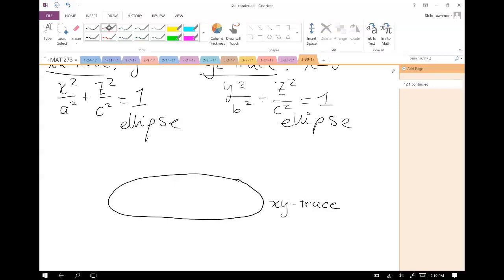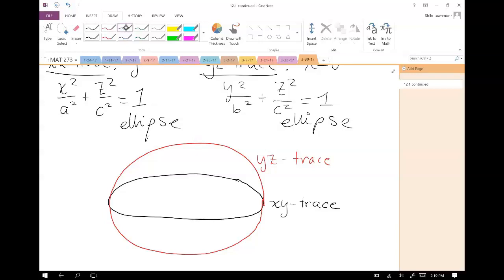That is also an ellipse. The XZ trace also stands vertical, but it's turned 90 degrees from the YZ trace. So this one looks more like a sphere. But depending on the ABC values, any of these points can be stretched out to make this shorter and fatter or taller and skinnier.